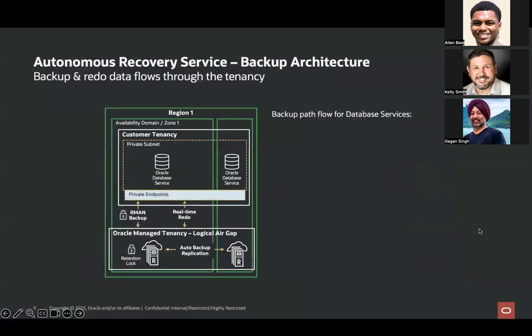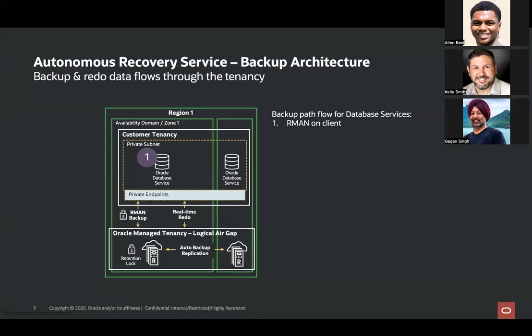So before we get exactly into how that works, we're just going to go a little bit into how the flow is for a standard database service within the cloud. It starts off with RMAN running on the client. So this is what actually initiates the backups on your database.